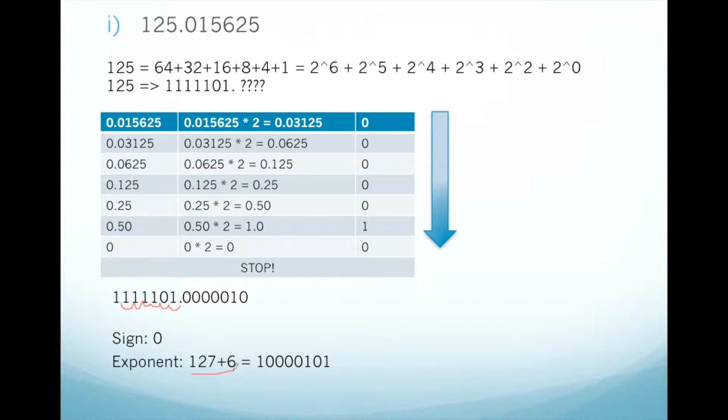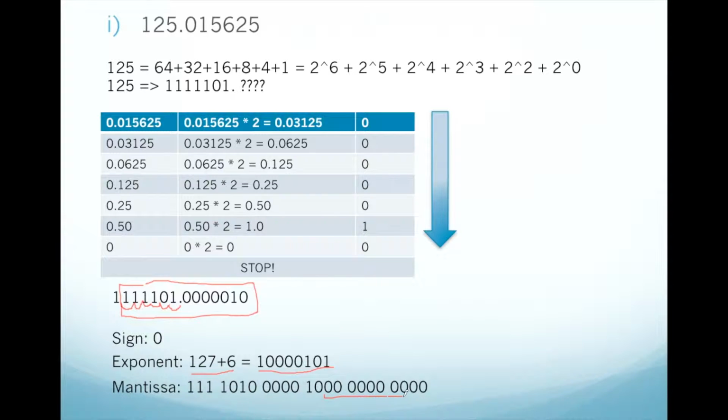And 127 plus 6 is 133, so this is 133 in binary. And lastly, our mantissa is just everything else. So it is all of this. And so you fill all this up, and then you just fill out zeros the rest of the way.